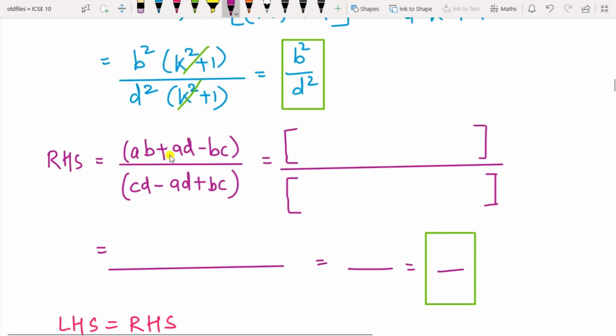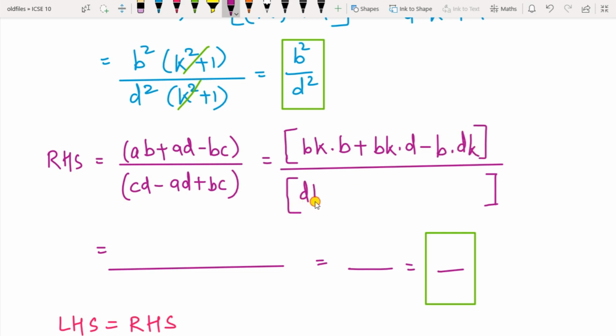Next one for RHS, this is the given equation. So A should be substituted as bk into b plus bk into d minus b into c as dk. This is c as dk into d minus bk into d plus b into dk.